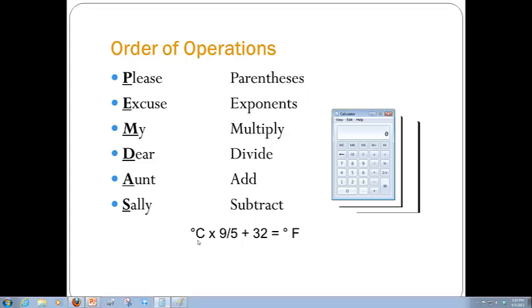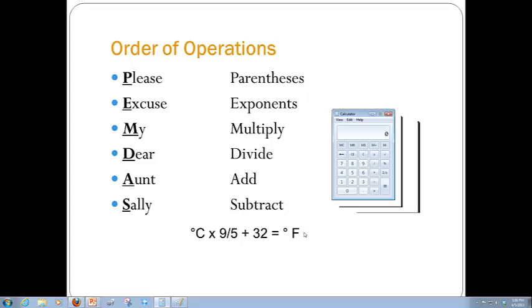Yes, we did. We started with 37 degrees Celsius times 9. Following multiplication comes division. Did we divide next? We did. After we found the product of 37 degrees Celsius times 9, we divided it by 5. Then we added 32. Which, following our order, is the next step.